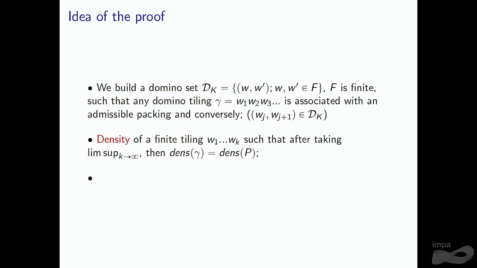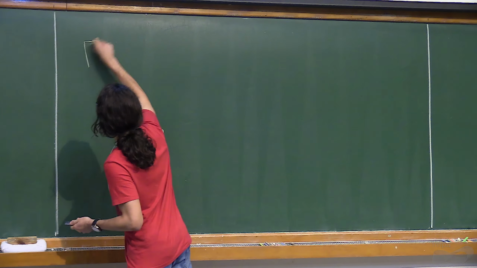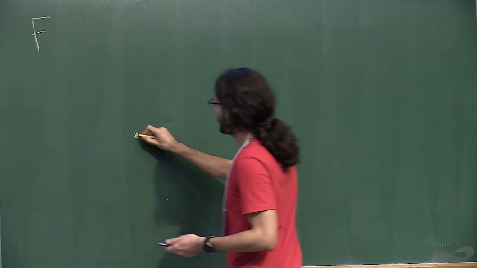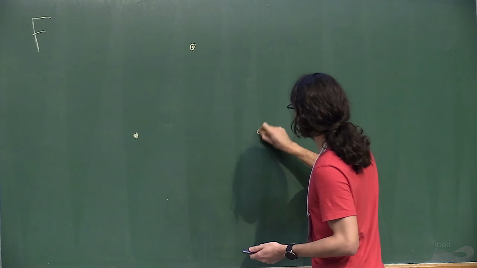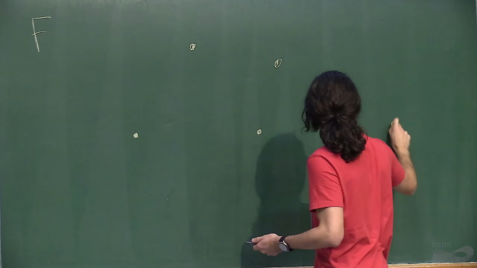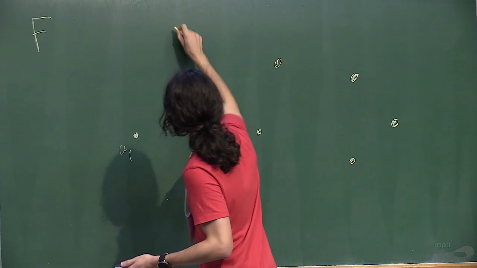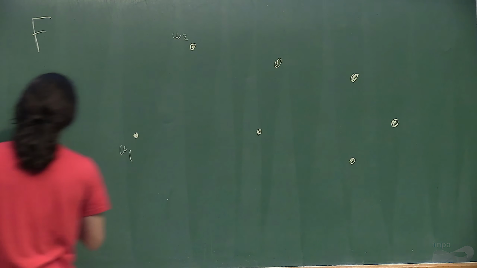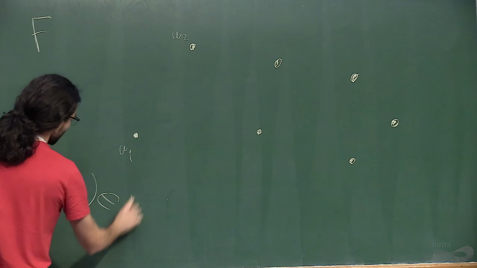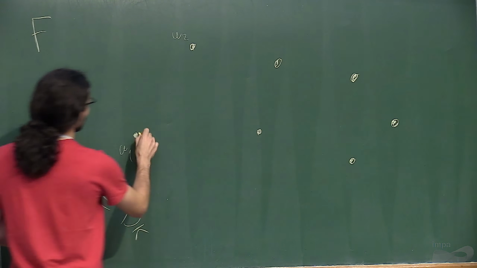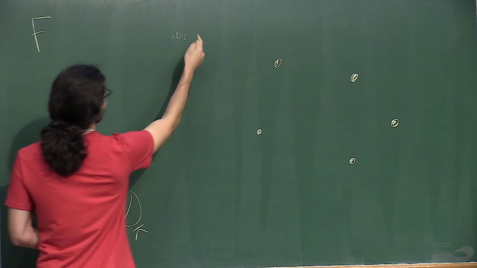And the way I really like to see this is as a graph. So you have your set of faces, a finite set. I will represent it as the vertices of a graph. And so call these W1, W2. And if the pair (W1, W2) belongs to your domino set, I would join them. I would draw an arrow from W1 to W2.